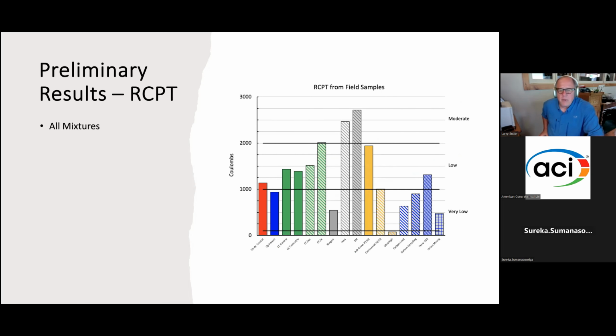And then RCPT shown here. On the left, red is the study control, blue is the optimized. And all the greens are the carbon cure.